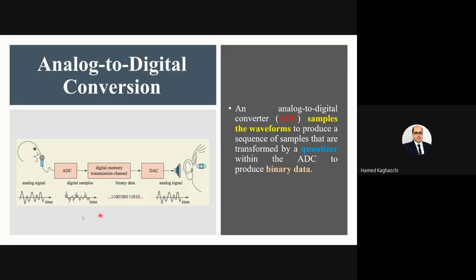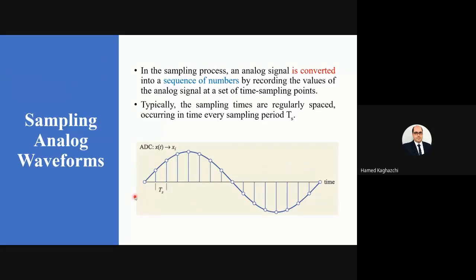As you see here, I have different amplitudes in the analog signal and also in the sampled signal, but in the digital signal, I have only 0 and 1, which is binary data. Now let's look at how we can do these things. How can I sample the analog signal?